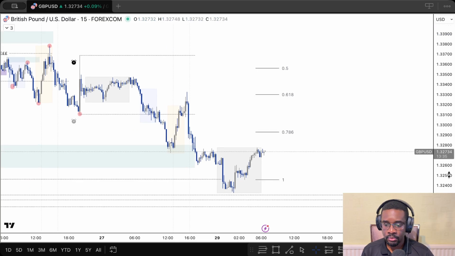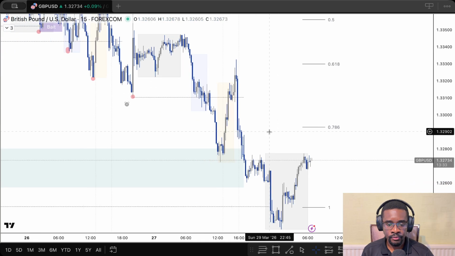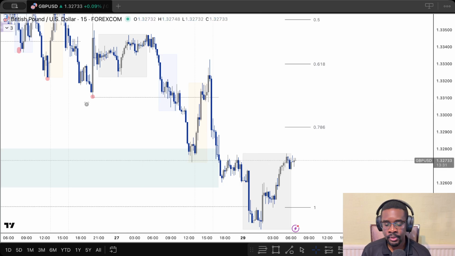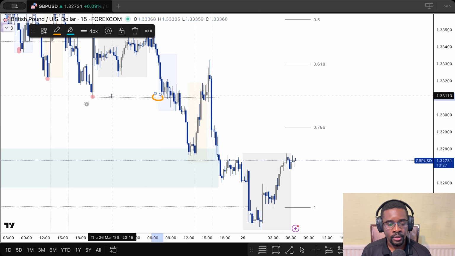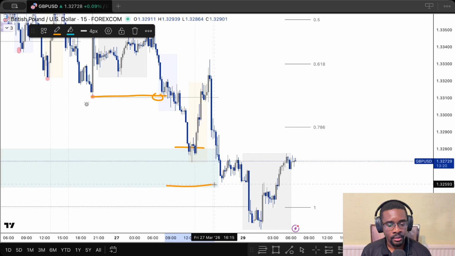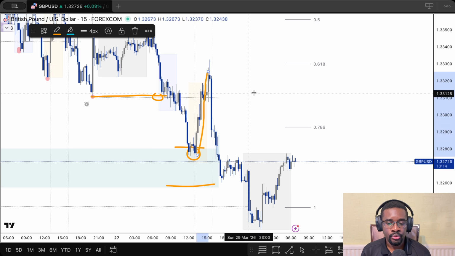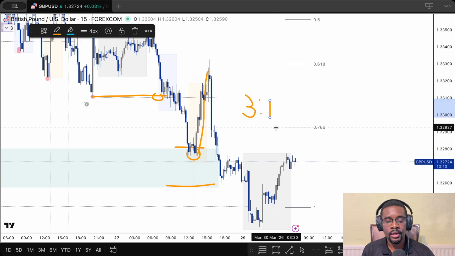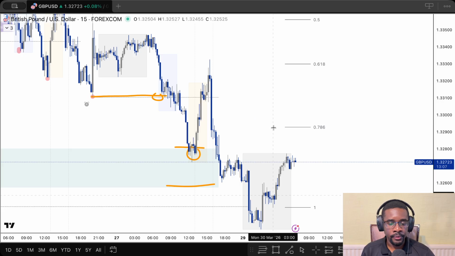So if you recall from Friday's video, we're expecting this to be taken. I was saying that I would want this to be liquidated, but probably look for longs once price mitigates this demand. And as you can see, price came in, tapped in, and then had a strong reaction to the top. So you would have gotten your 3-to-1 reward to risk, and that would have been a good trade.